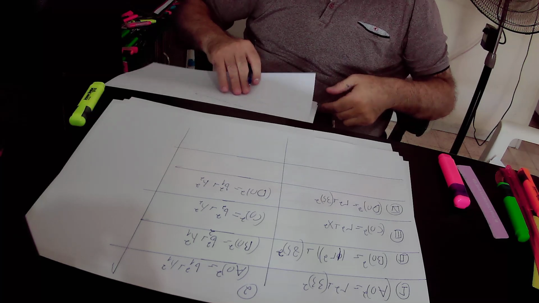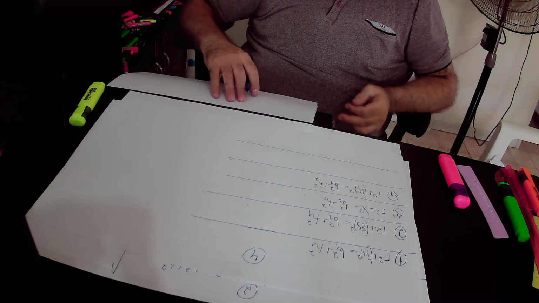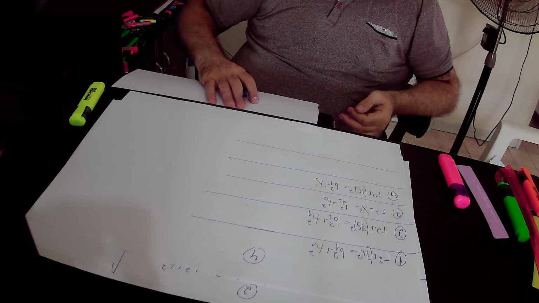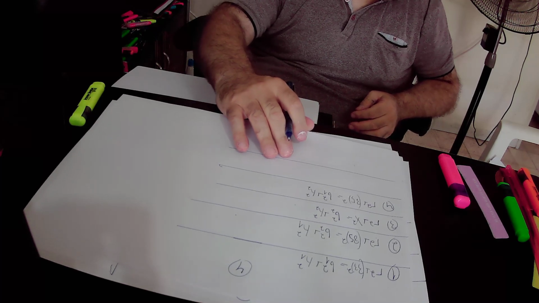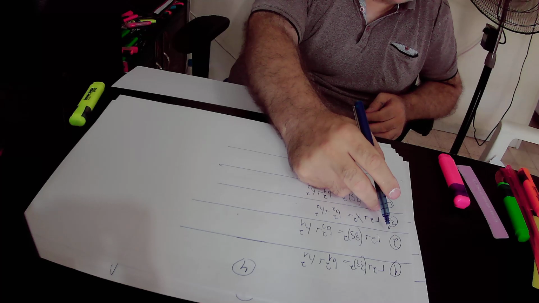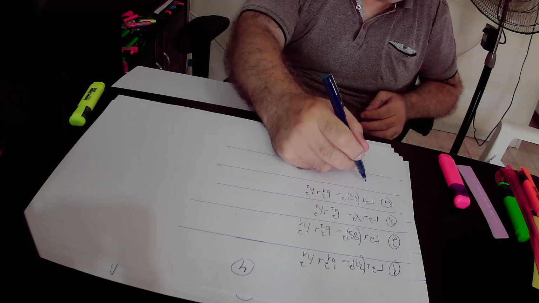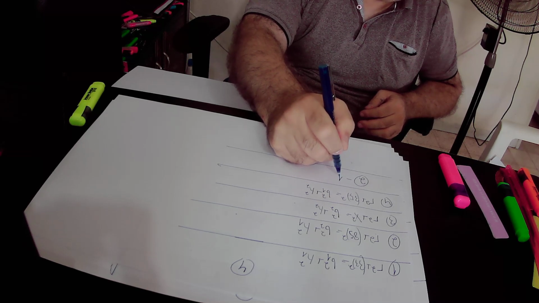So here we have 4 new equations, and in the next step we subtract equation number 1 from equation number 2. That is to say, equation number 2 minus equation number 1.